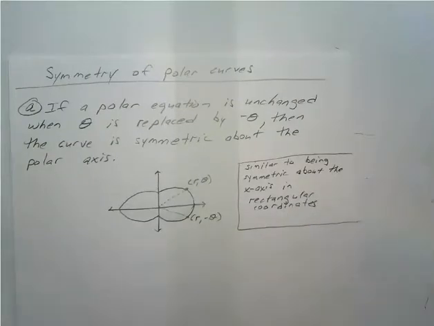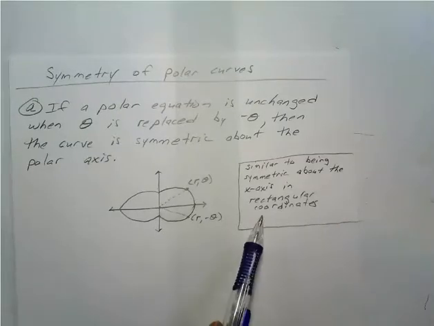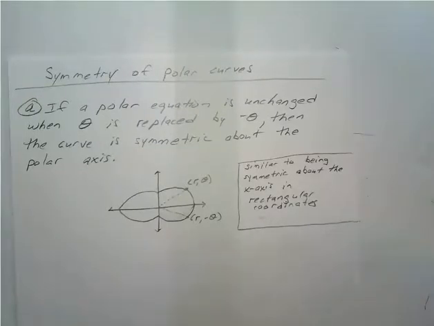So if you understood how to solve for symmetry about the x-axis, this is basically the same thing. If you're a little rusty, you can go to my video for symmetry in intermediate algebra, and it will go over that to give you a brush up if you need it.